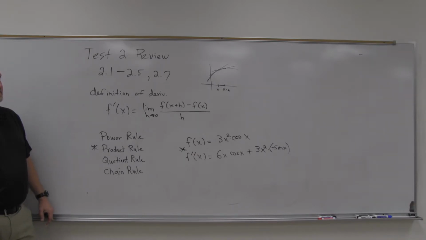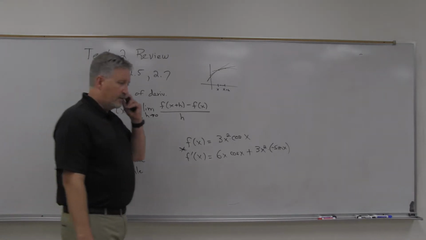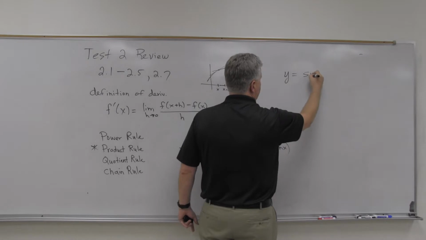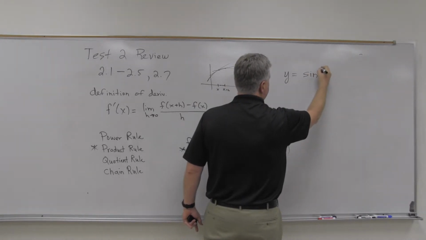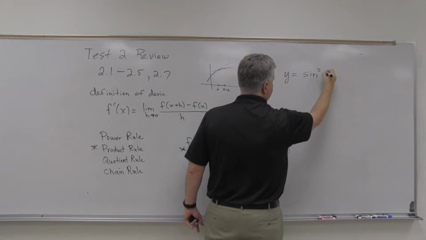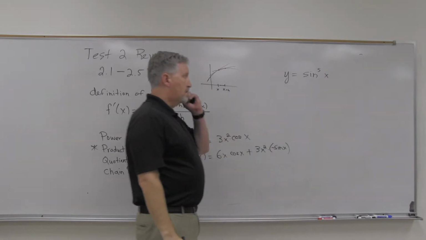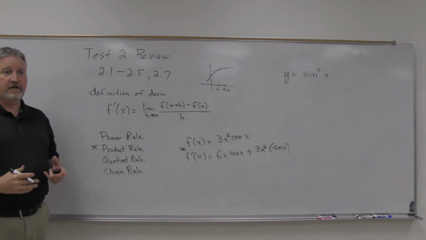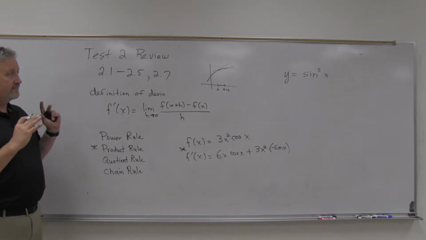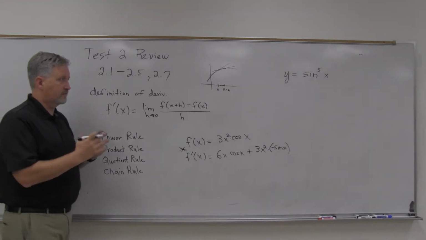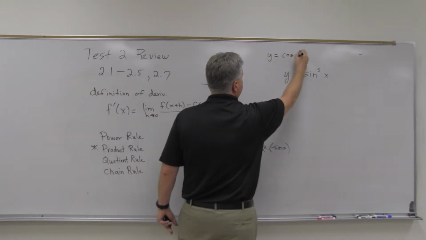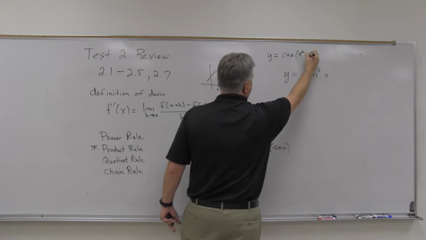The one thing I would mention is sometimes the chain rule isn't as obvious. The one I'm thinking of is if you've got y equals sine to the fifth of x. That one's not an obvious chain rule, because in the chain rule we're looking for what's inside, like y equals cosine of x squared plus 7.